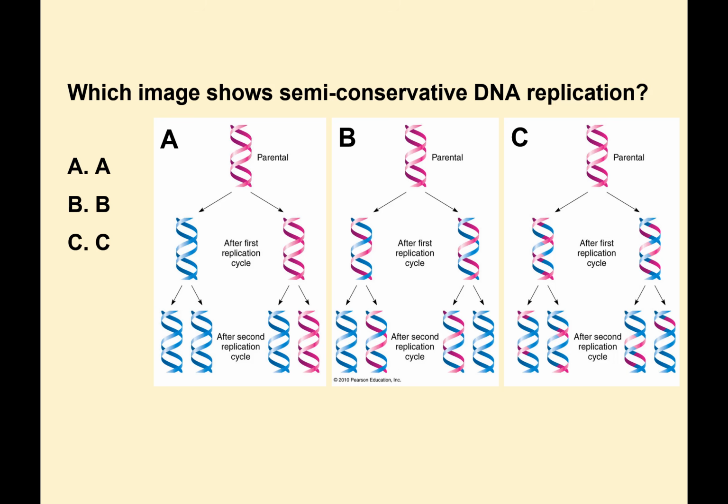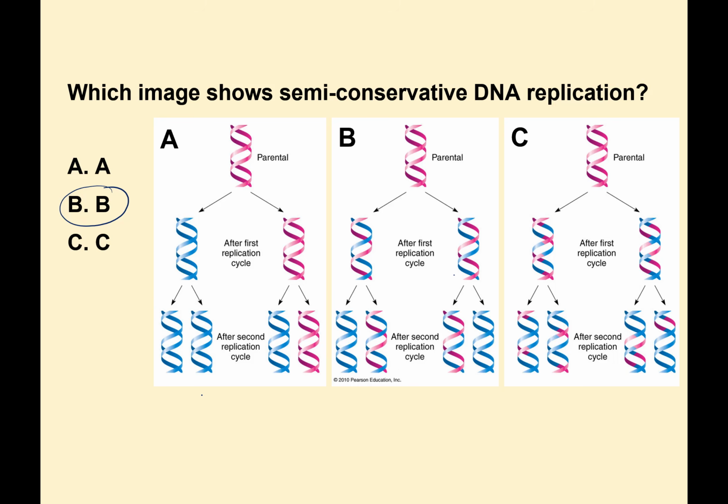Which image shows semiconservative DNA replication? The answer is B. So what you need to look at is parent now paired up with a daughter, blue, a new color. Parents are now paired up with daughters, they're just showing the daughter as always being blue. Okay.